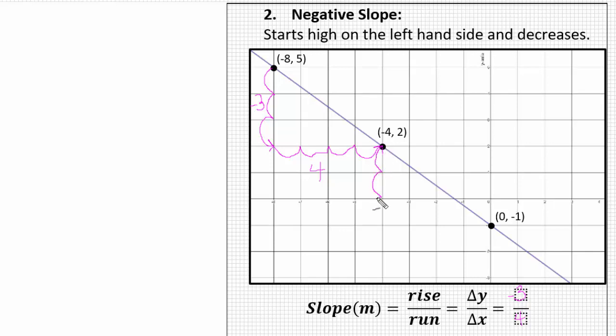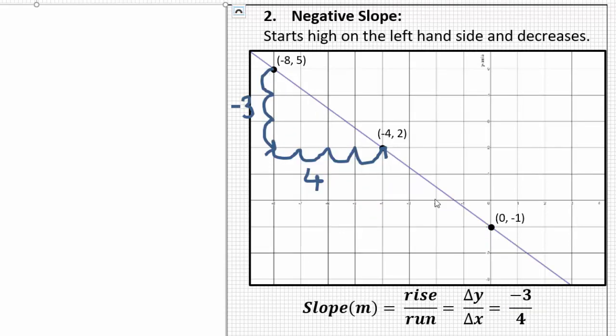So if we check, it goes 1, 2, 3, so we see another negative vertical change of -3 and a horizontal change of 1, 2, 3, 4. That's the same, so we got -3/4 again. So here, in our example of a negative linear relationship, we calculated that the slope, the steepness, is actually -3/4. Okay, so we should have that all written in for our example on negative slope.